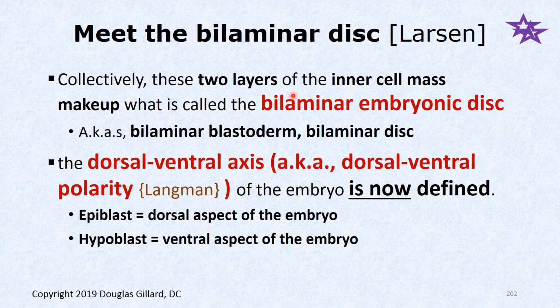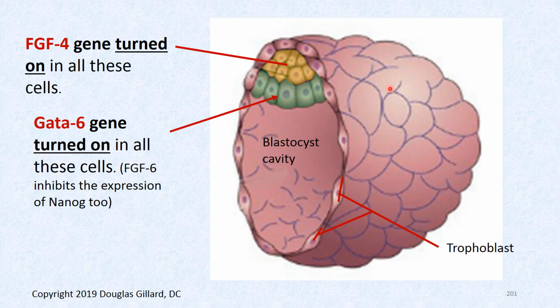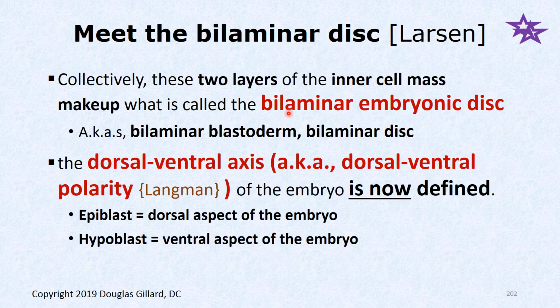Okay. We also know that once the epiblast and the hypoblast form, we can, with electron microscope and super powerful magnification, tell which way is up and which way is down. So we know that these epiblast cells are the dorsum. That's going to become the back side of you. This is going to become the ventral side of you. So we have just established what is called the dorsal-ventral axis of the body.